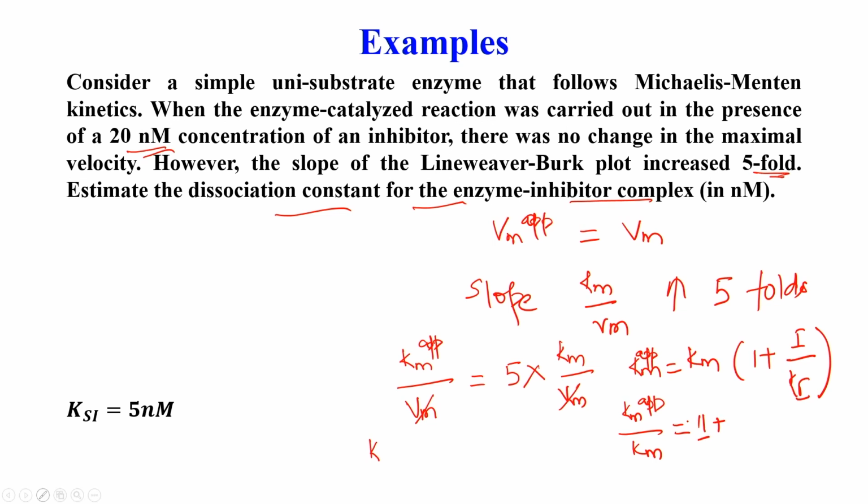What is the concentration of inhibitor? 20, and Ki we have to calculate, and the ratio of Km apparent and Km is 5. So, it becomes Ki equals 20 upon 4, or you can say 5 nanomolar.